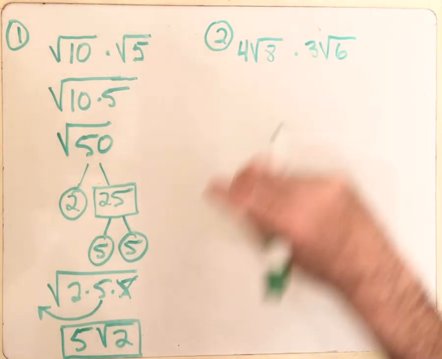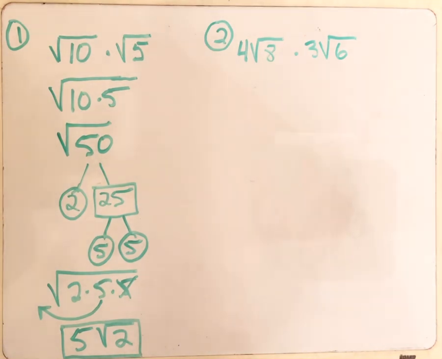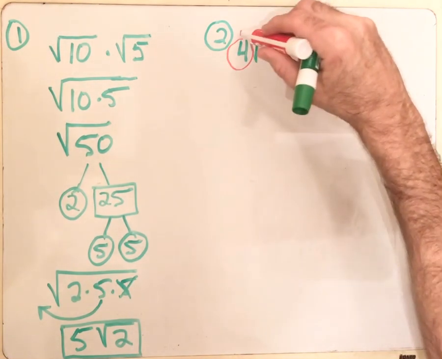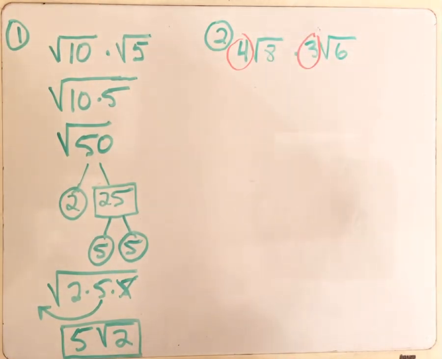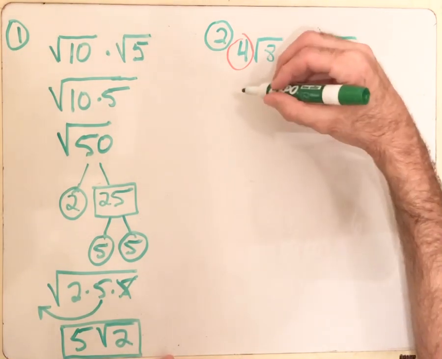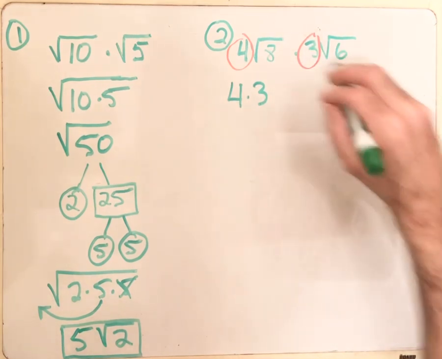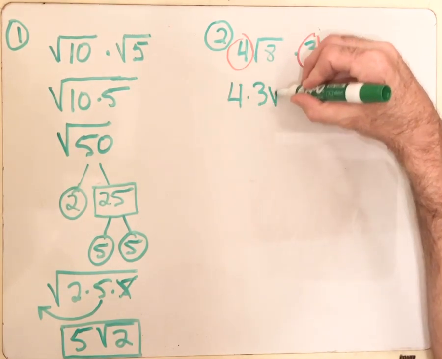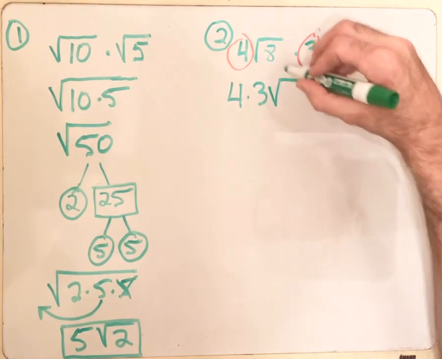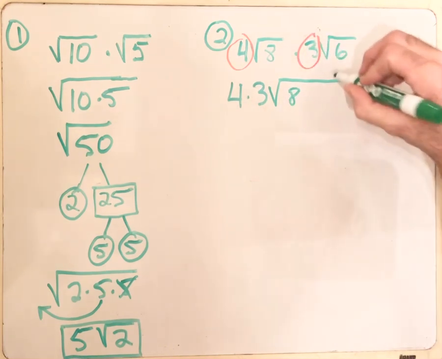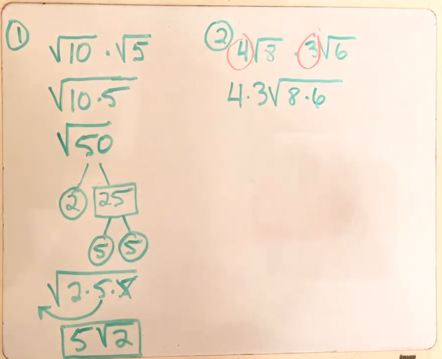We're going to multiply the stuff on the outside together. The 4 and 3, we're going to bring those together. 4 times 3 stays on the outside. And then inside the radicand, we've got the square root of 8 times the square root of 6.